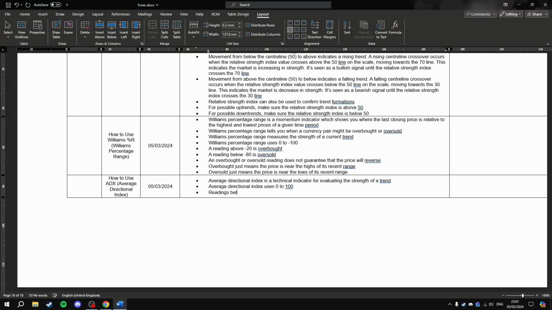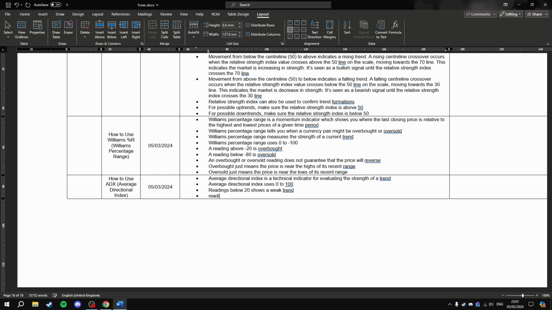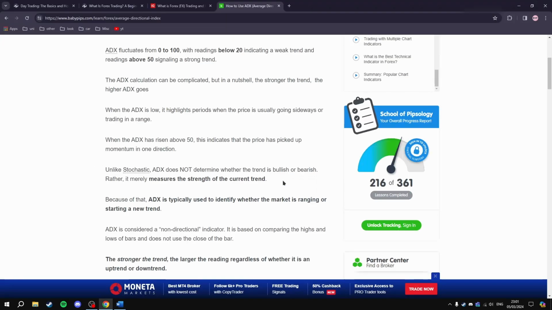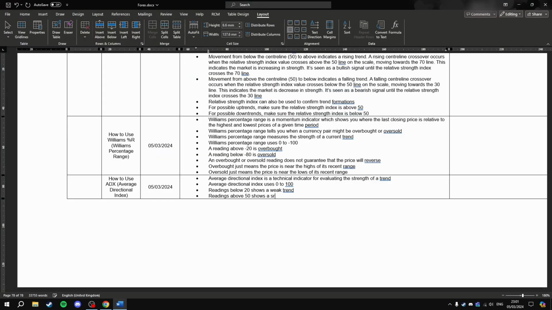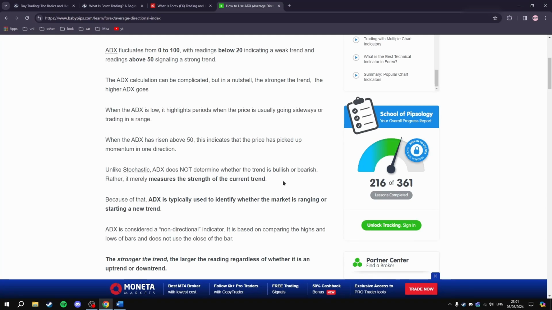Readings above 50 show a strong trend. So not above 80 then.